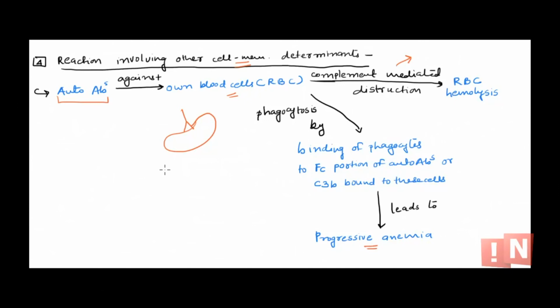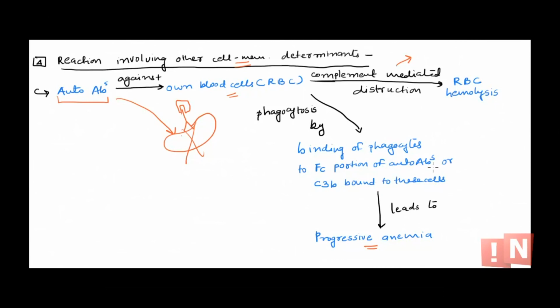This is something that I showed you before. If there was a hapten over here, if the penicillin molecule was bound over here, the same thing would happen, right? But in this case, it is actually autoantibody, the antibodies against your own cell, that is causing the same effect. So either it will be direct complement mediated destruction, or because the phagocytic cells have the Fc receptor, it will cause lysis of the blood cell resulting in progressive anemia.